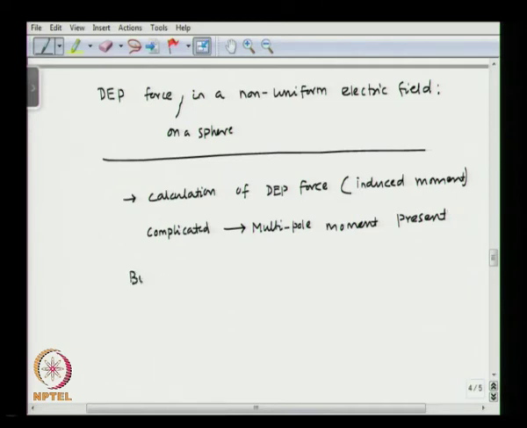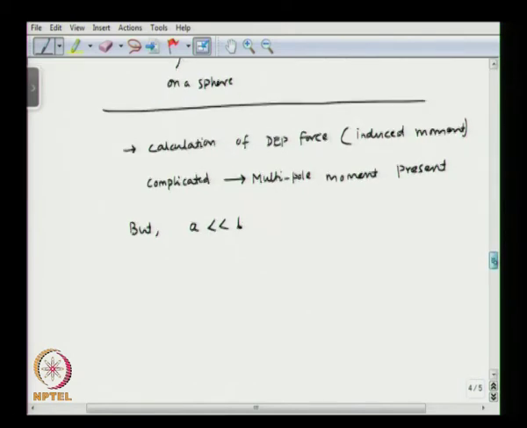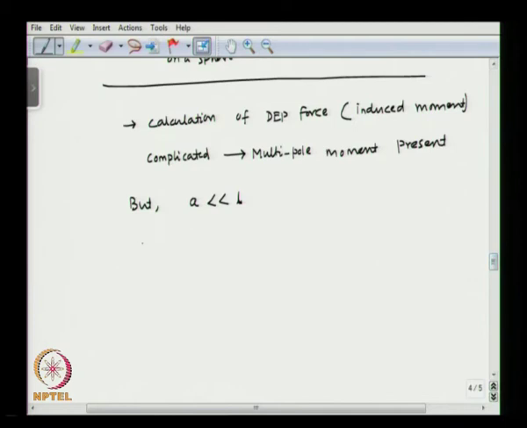But if we say that the radius of the sphere a is less than the length scale of the field L, then we can expand the electric field around the center of the sphere. So in that case we can expand the electric field using a Taylor series around the center of the sphere.